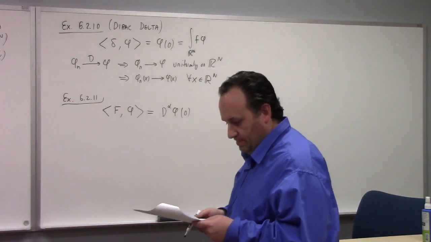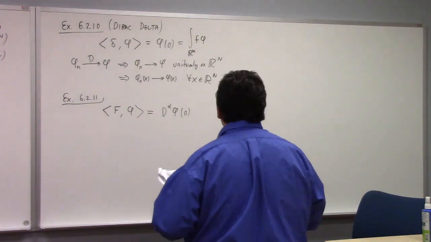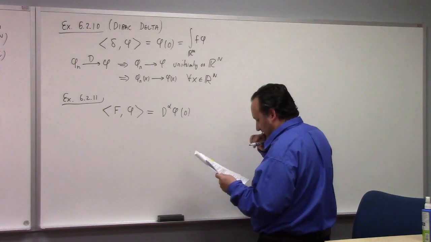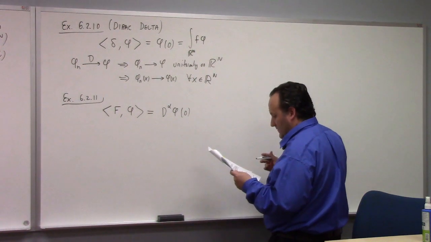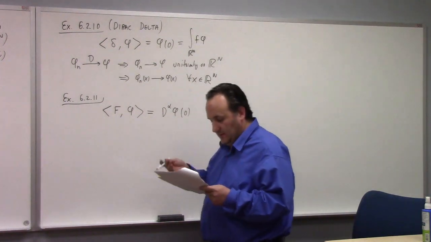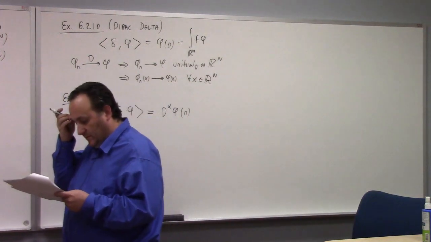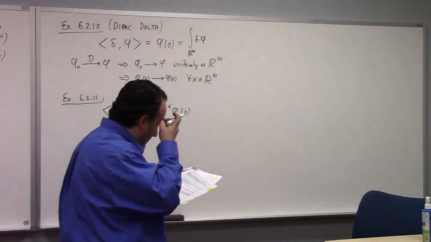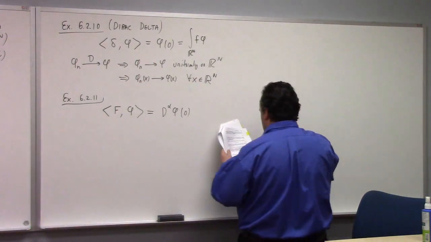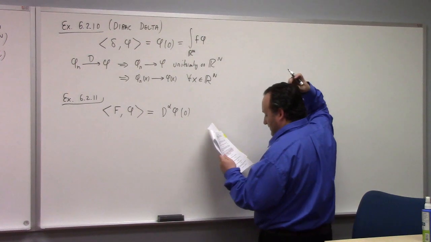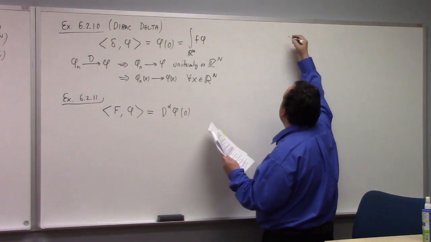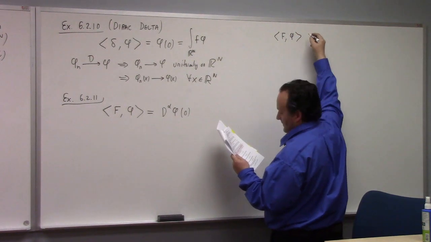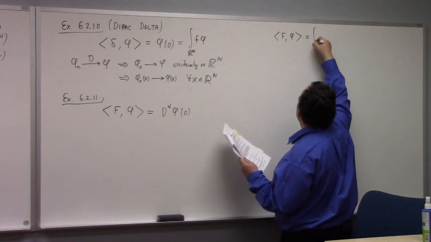Okay, so let me go through his next calculation here. He says, when adopting definitions for distributions, we expect that new distributions agree with classical ones when applied to regular distributions. Let me try to sell you what he's selling here. He starts out with f acting on phi is the integral of f phi.